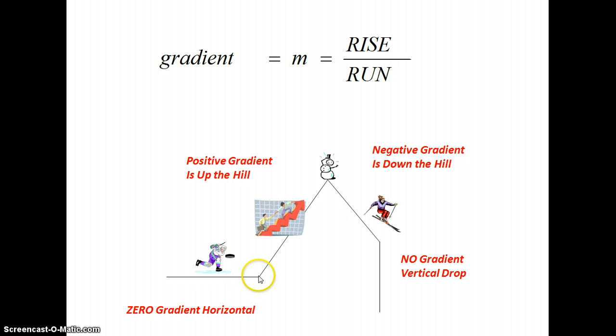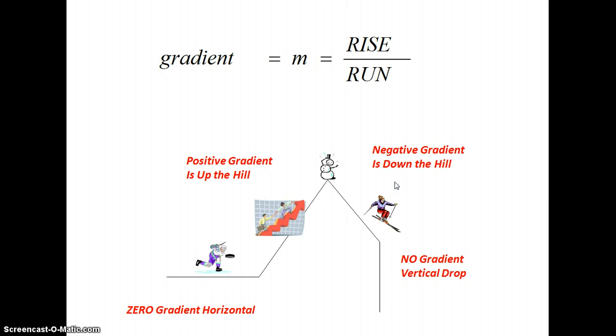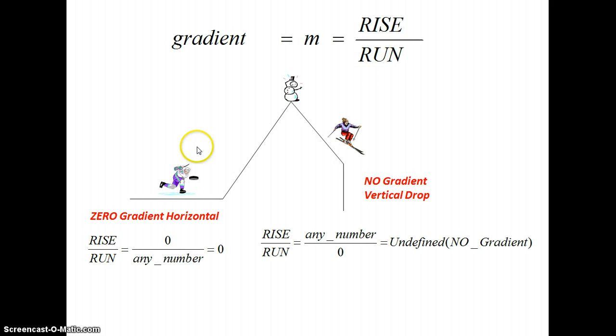And when your graph is going up the hill or going up the stairs, that means your gradient is positive. When you're going down the hill, that means your gradient is negative. And when it's a vertical drop, then you don't have a gradient, or your gradient is undefined. Okay, let's go to the next slide.